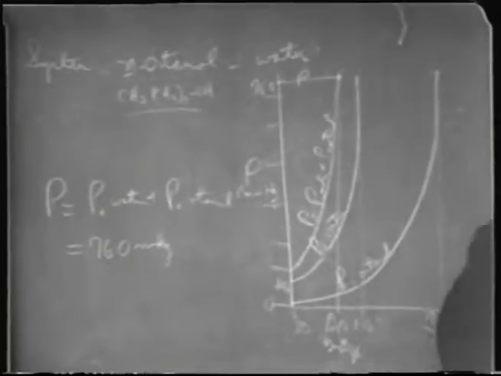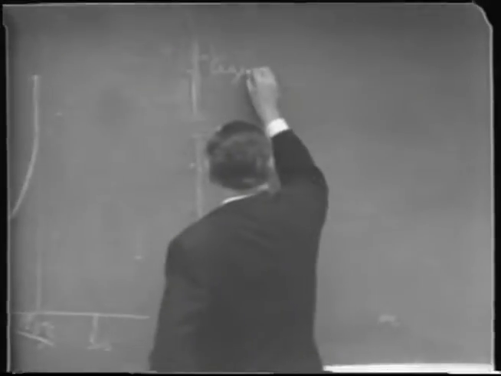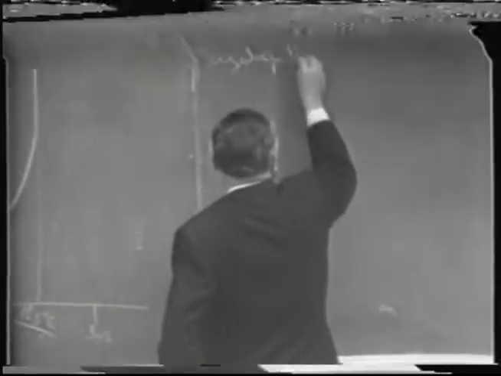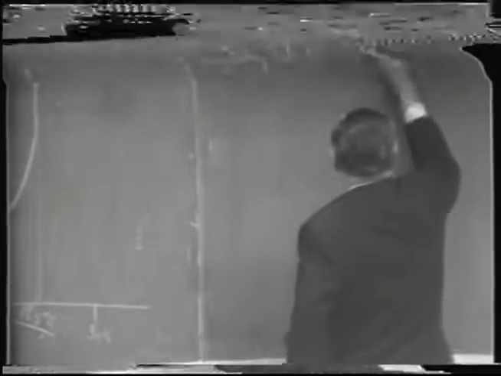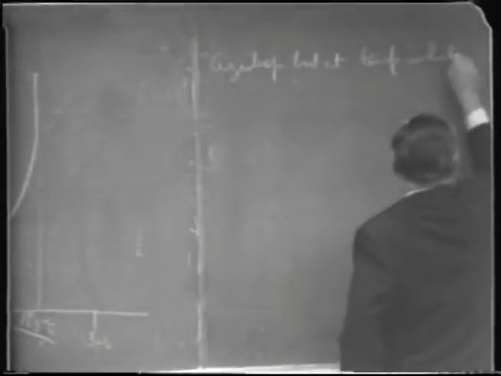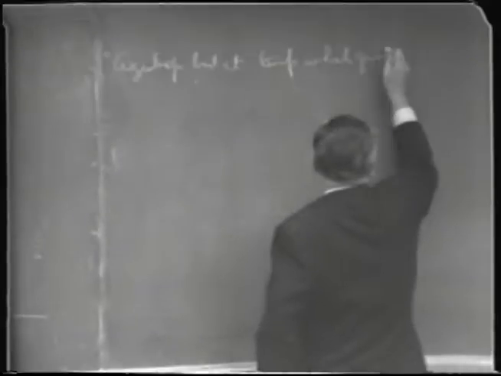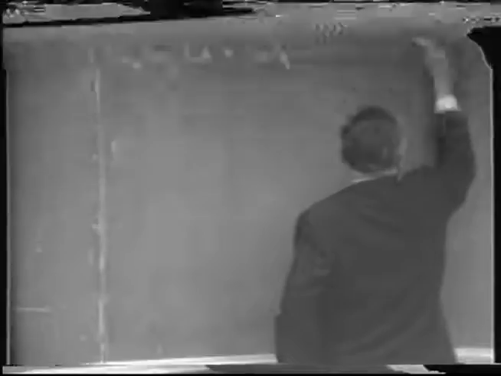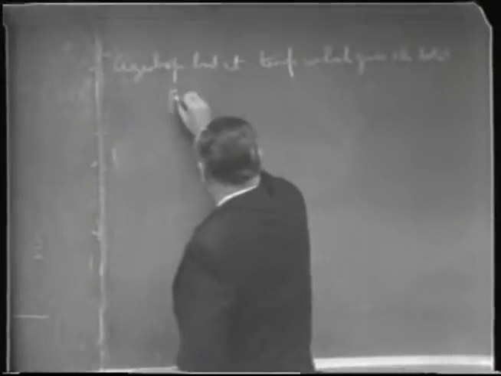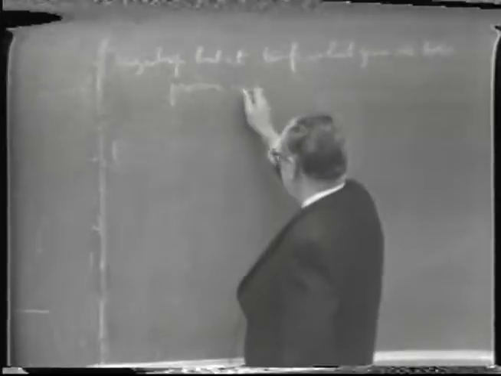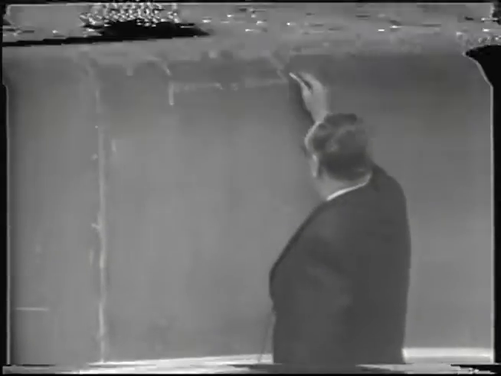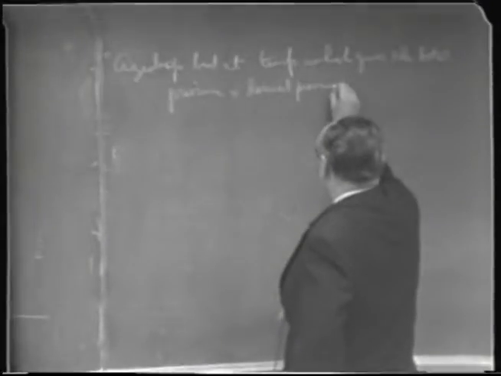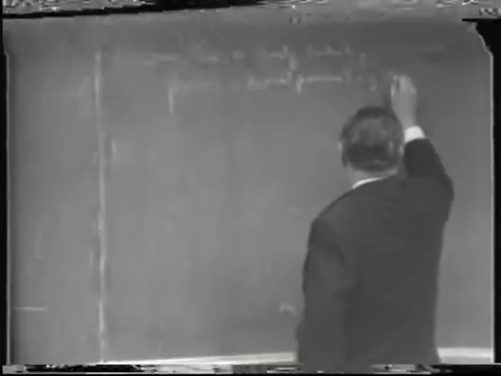So the azeotrope would boil at a temperature which gives the total pressure equal to the desired pressure, for example, 1 atmosphere.